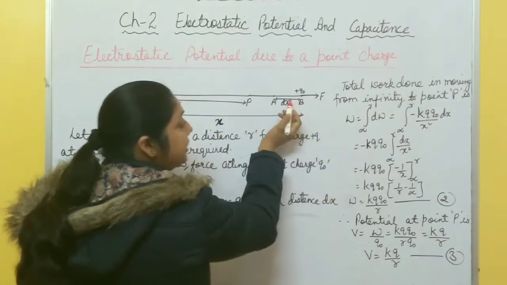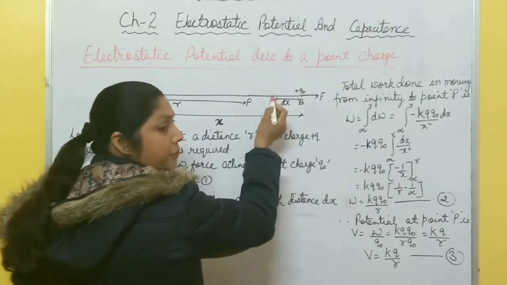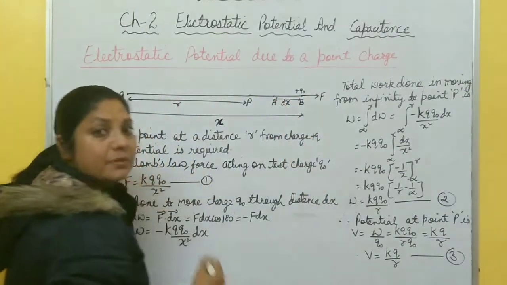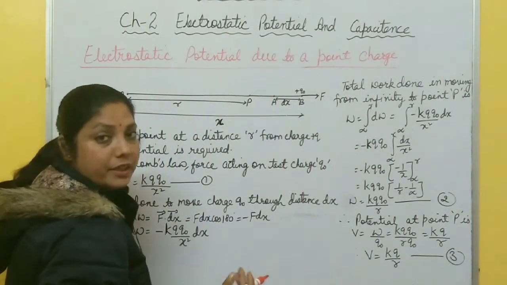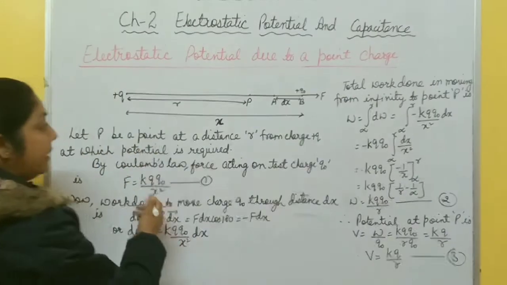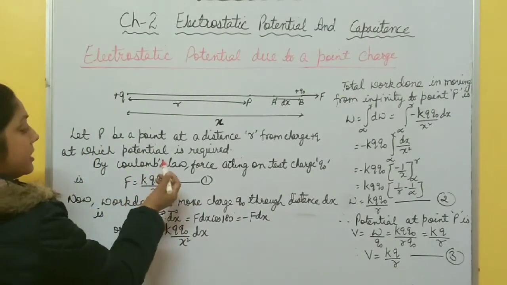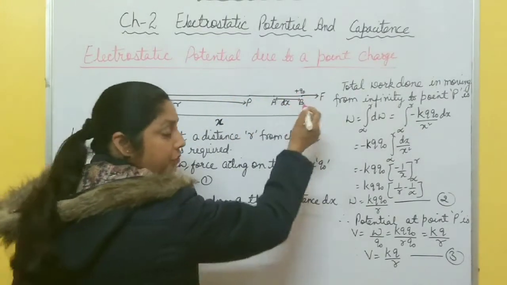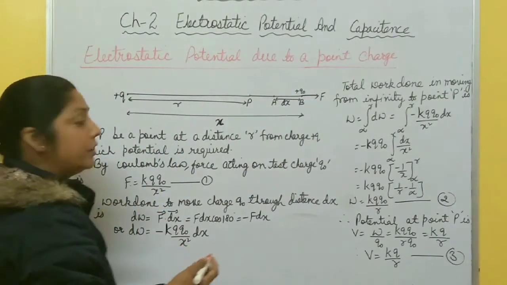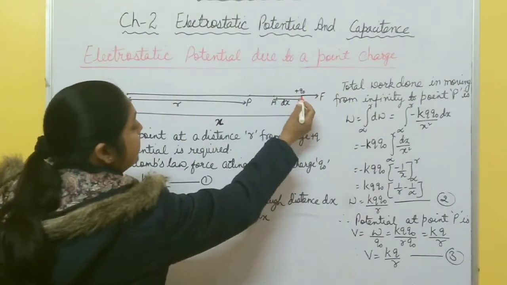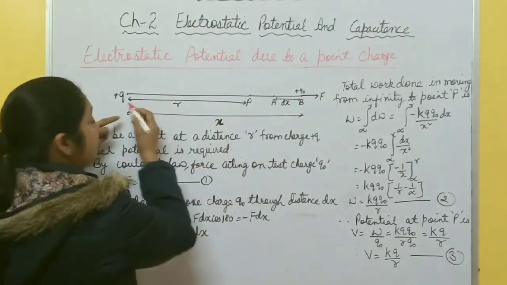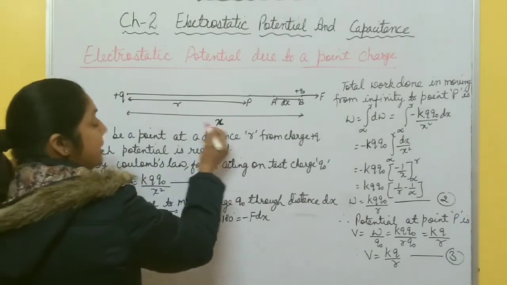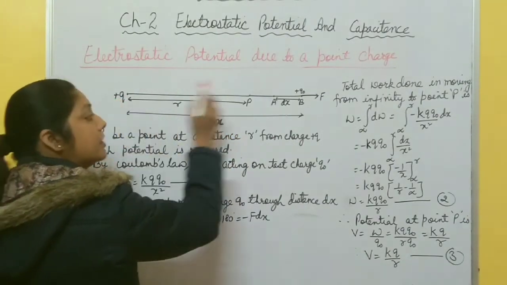Now to move this test charge from B to A, you have to apply some external force, you have to do some work. So you can write in this way: first, how much force is acting on test charge Q0. Suppose this test charge is at a distance x from this charge. So separation is x, between two charges Q and Q0.